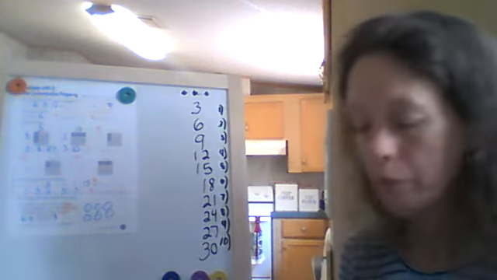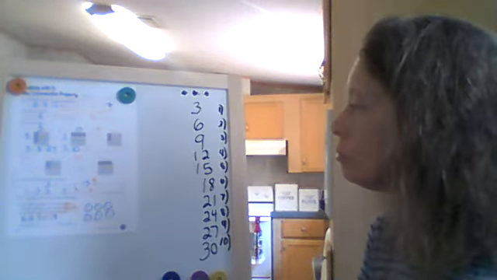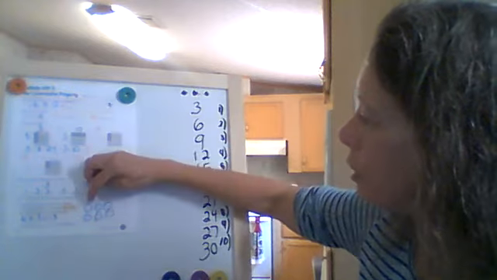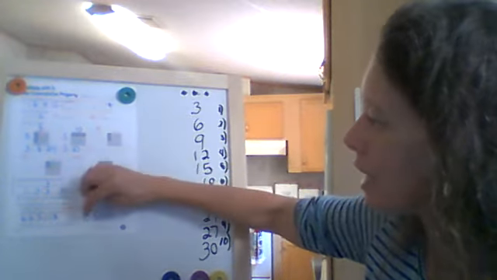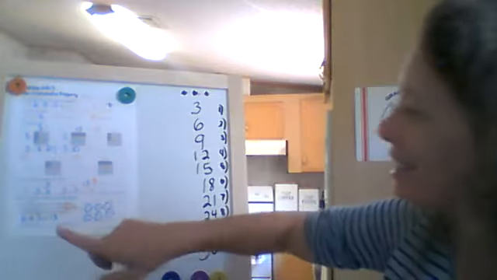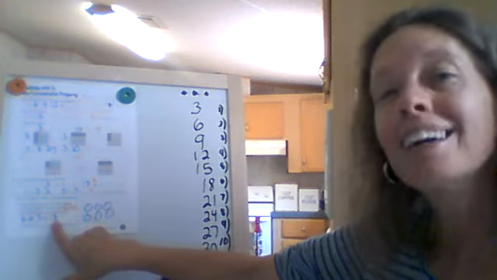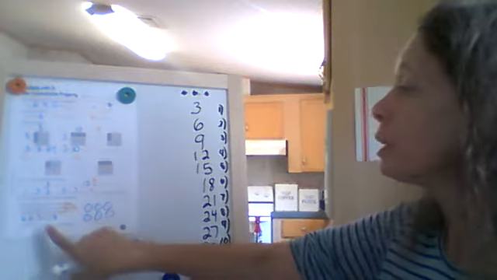So let's count them. 1, 2, 3, 4, 5, 6, 7, 8, 9, 10, 11, 12, 13, 14, 15, 16, 17, 18. How many? 18. Check myself. Got it? Yes, I did. Good job. So now all we have to do is answer the question. Haley put blank in her album. How many did she put in her album?